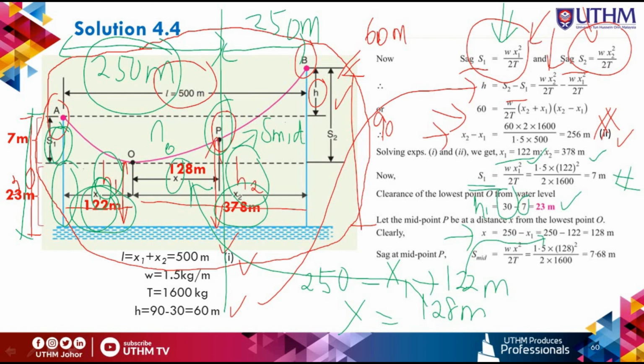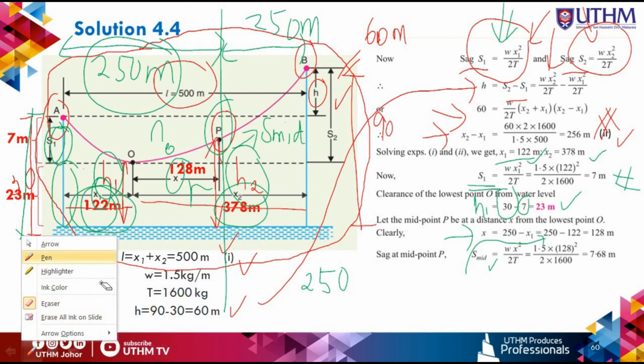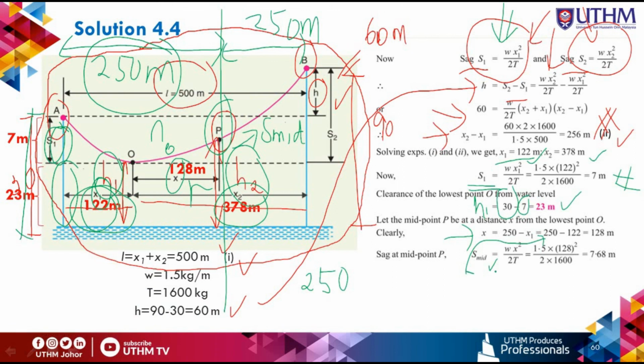After you get the x, then you can calculate what is the S mid. So S mid here, you use this equation, Wx squared divided by 2t.